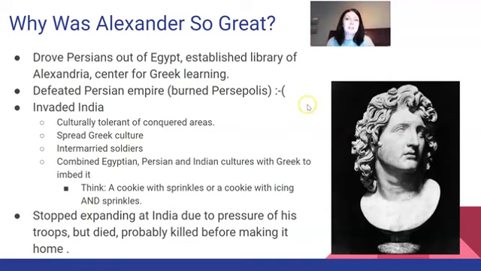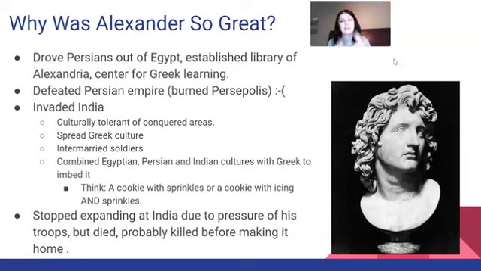And so what we start to see is he's sprinkling Greek culture all through this area, kind of like sprinkles on top of a sugar cookie icing, where if you have that icing and it's nice and sweet, which is how he treated these people, then the sprinkles will stick better to the icing. I know that's a really bizarre thing, but Greek culture stuck in these areas and their ideas stuck, even though Alexander died.